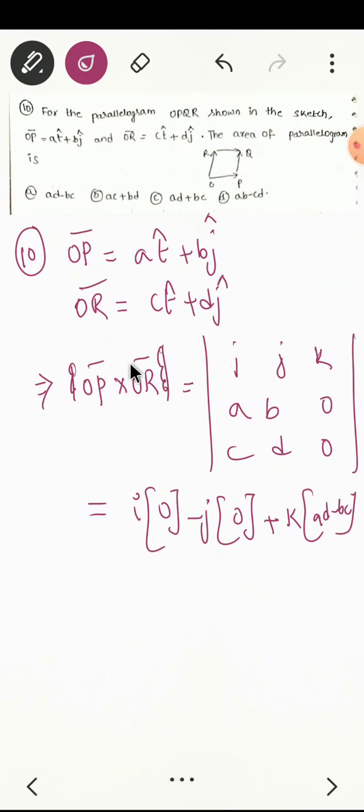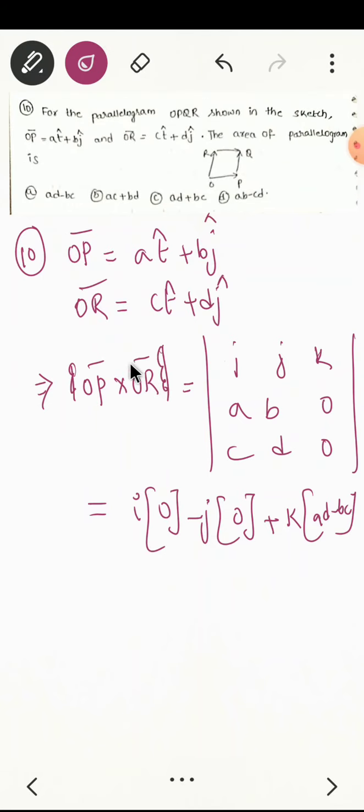Then problem number 11. The angle between two unit magnitude vectors P and Q is given, and they are asking you to find out the angle. So cos gamma you can write as P dot Q by mod P mod Q. Find P dot Q: 0.866 into 0.259 plus 0.5 into 0.966, plus 0 into 0, since the k components are 0.